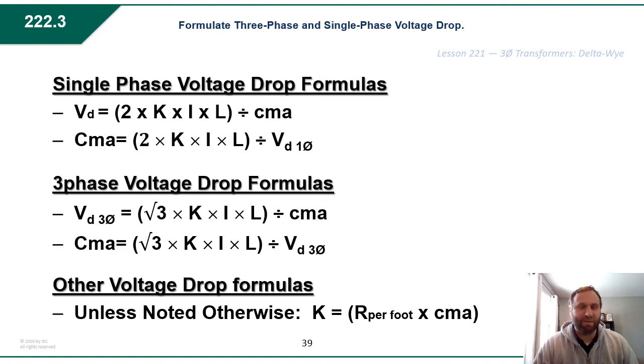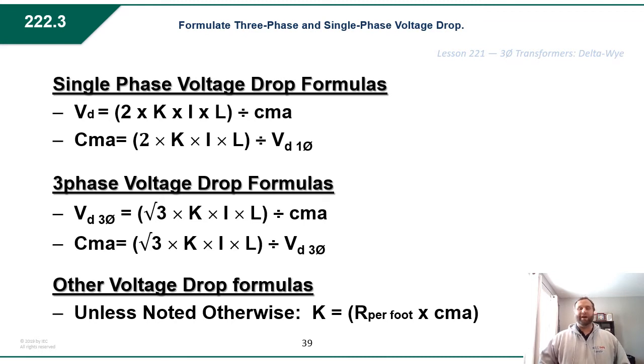Formulas to keep in mind for voltage drop or to have in your notes. For a single-phase voltage drop formula, volts dropped equals 2KIL over CMA. Or if you're looking for the wire size, it's CMA equals 2KIL over volts dropped. For three-phase voltage drop, VD, or volts dropped, equals square root of 3 KIL over CMA.